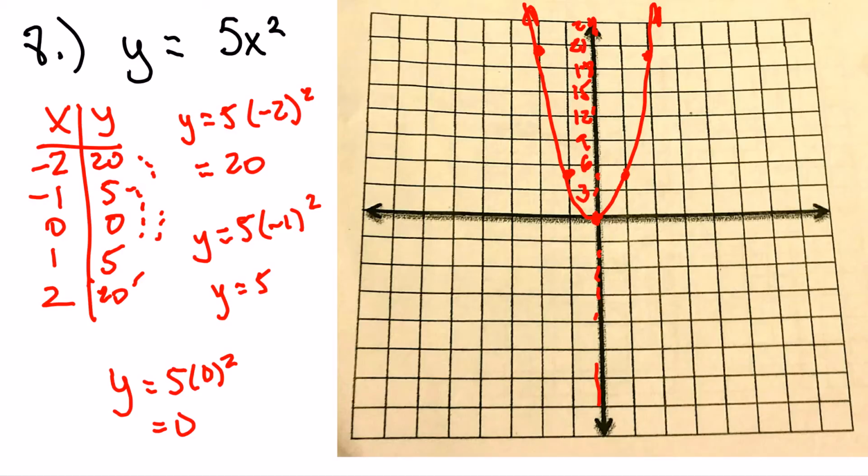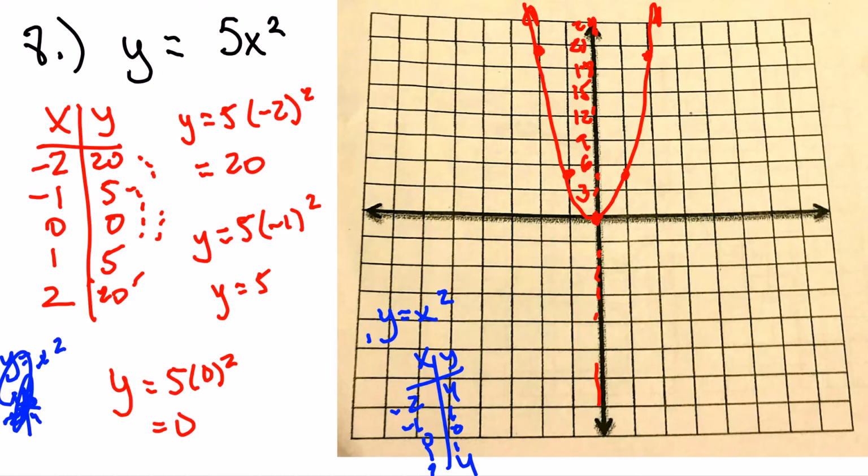Now the last thing you had to do is you had to put the parent function on there. So the parent function is y equals x squared. I'm just going to use that to compare. Remember the xy chart from earlier is negative 2, 4, negative 1, 1, 0, 0, 1, 1, 2, and 4.